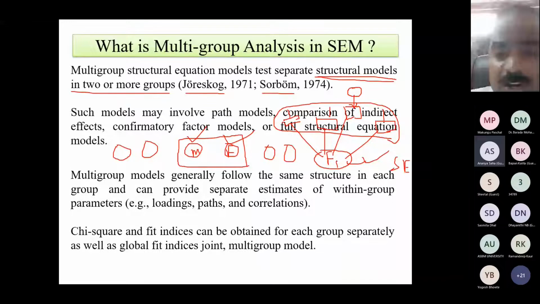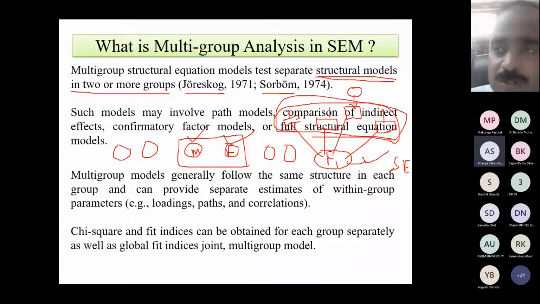Whether these four indicators are measuring the construct F1 similarly for the male and female, in the same way and the same magnitude. If this is not proven, then what is the ultimate? These four indicators are measuring the same construct differently for male and female.